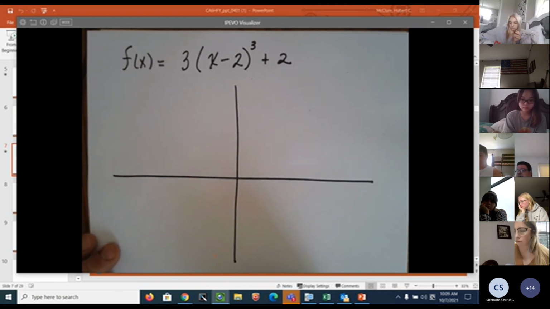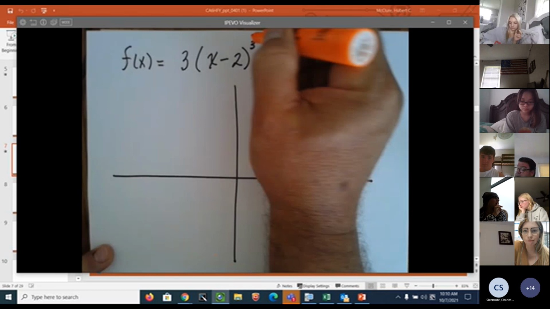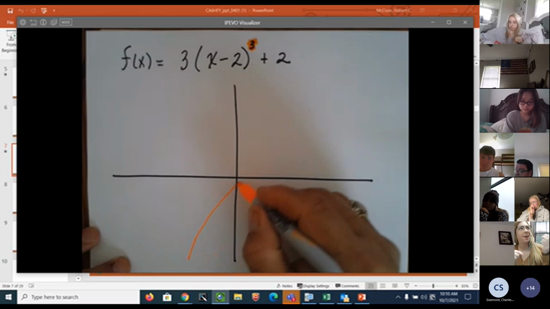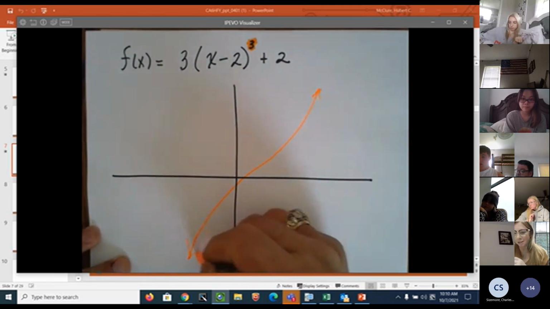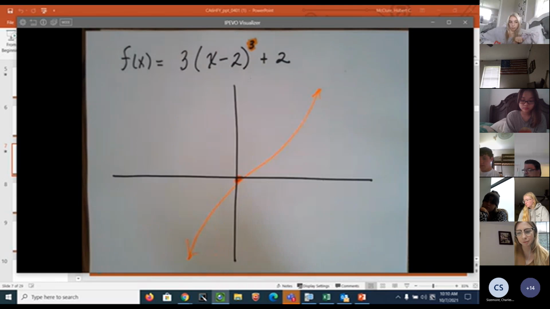All right, so what's the parent graph of a cubic function? Well, I'm going to take my handy dandy orange marker, and my parent graph looks like that. I'm supposed to go through the origin. So I've got a horizontal shift.